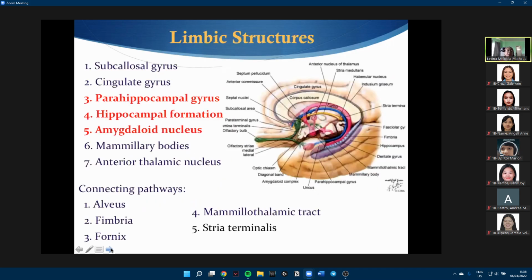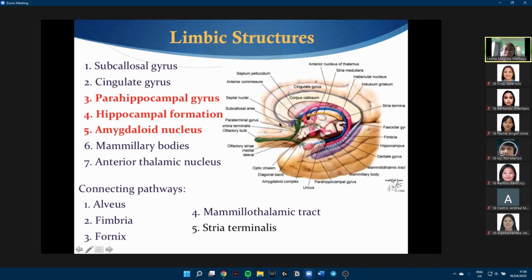So these are the limbic structures. Firstly, you find here, right underneath the corpus callosum, this portion, what we call the subcallosal gyrus, which if you continue upwards, actually is also continuous with your cingulate gyrus. No?